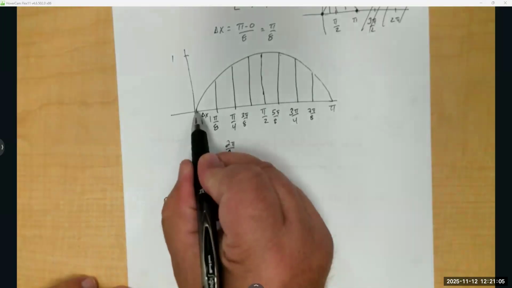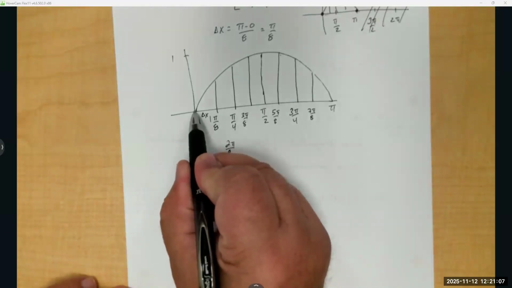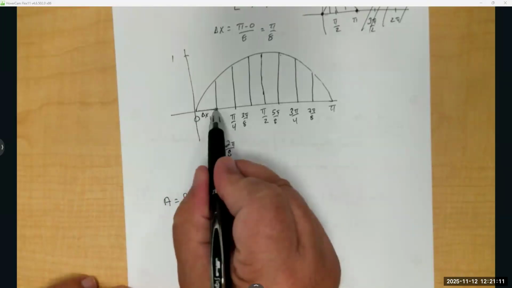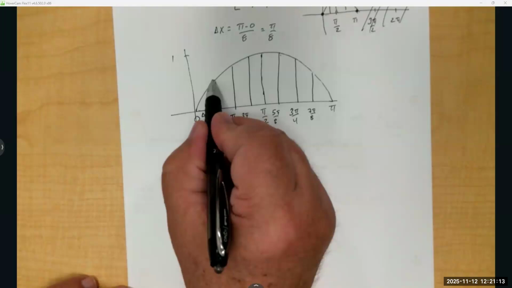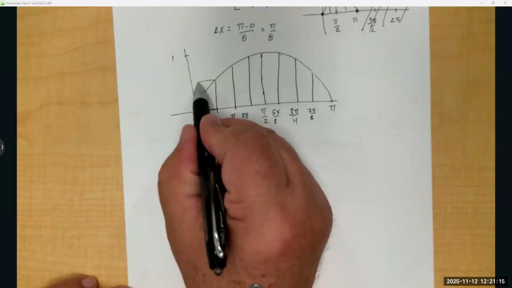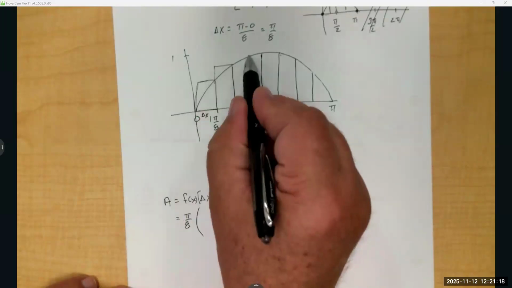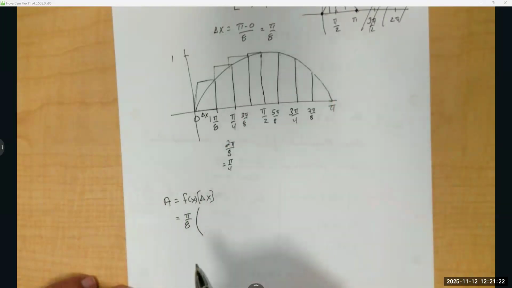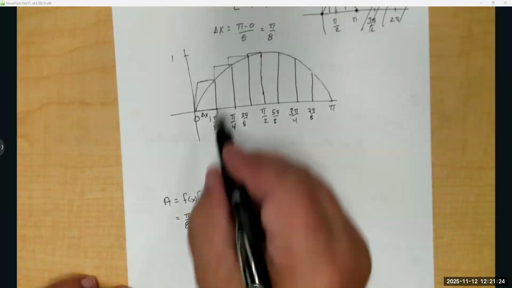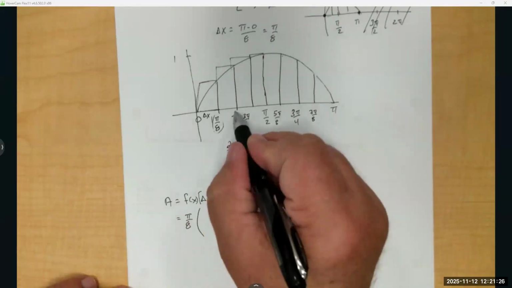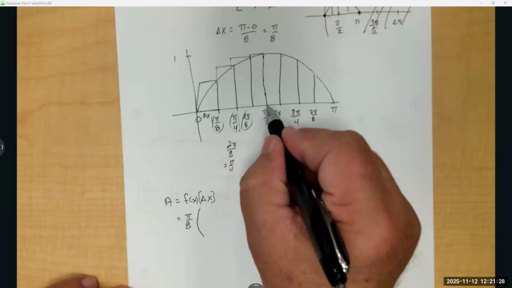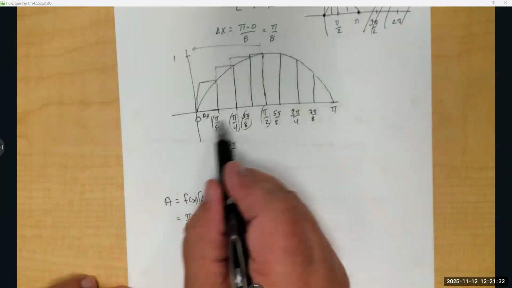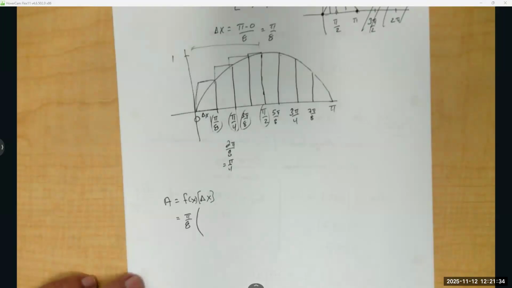If we use the lower bound, the one that's inscribed, what's the area here? 0. So for us to get any value for this left side, we have to use the right endpoint. For this half of the curve, we have to use the right endpoint.